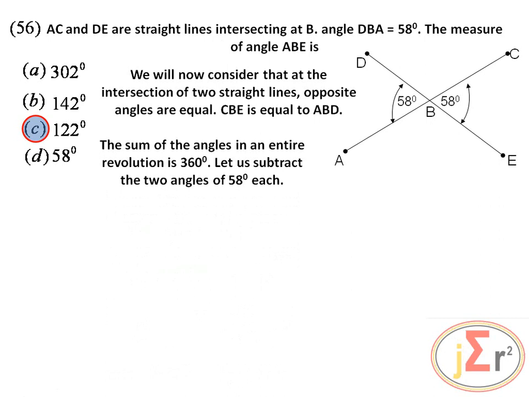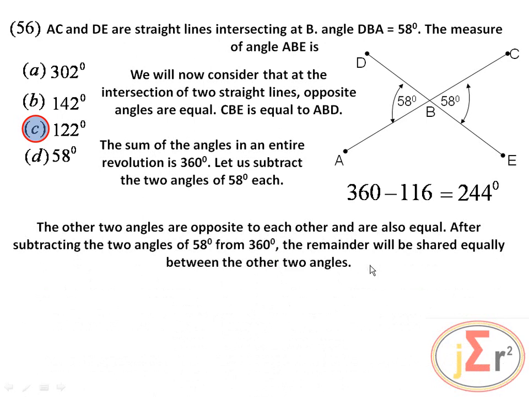Let us subtract the two angles of 58 degrees each from 360 degrees, and then what is left will be shared between these two. 360 minus 116 is equal to 244 degrees.